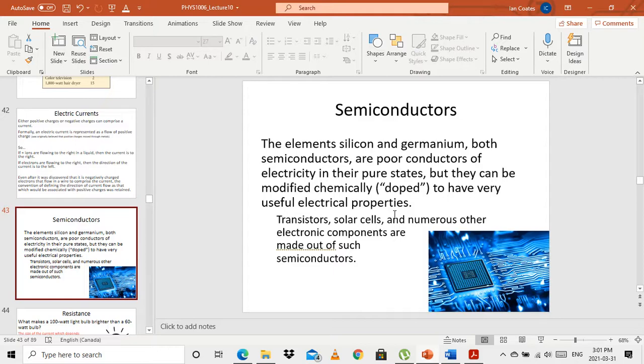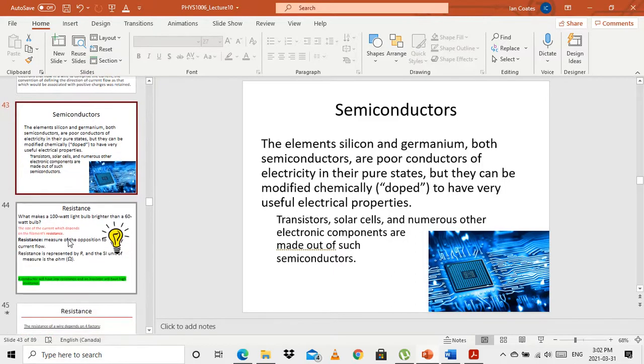Transistors, solar cells, numerous other electronic components are made out of these, and they're just getting smaller and smaller and smaller. I think it was the CEO of Intel back in '68 who said the 6-month rule, I think, is that every 6 months they're going to double in strength and decrease in half the size. And I think it's pretty much held true over the past 50 years.